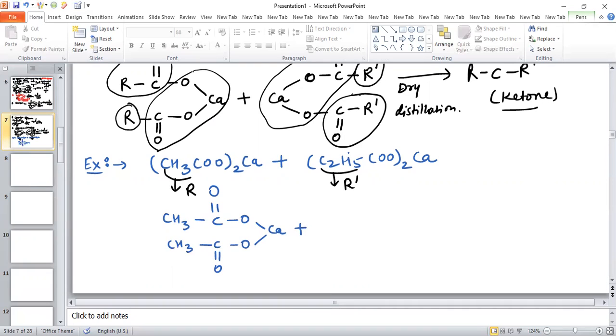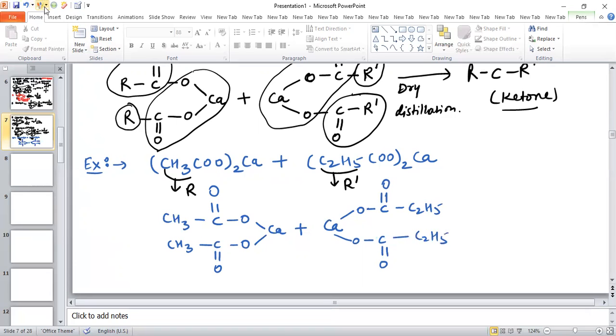And the other compound is C2H5. So you can also write this calcium and oxygen. This oxygen is attached with C double bond O, and this oxygen is also attached with C double bond O. So on this carbonyl, C2H5 group is there.